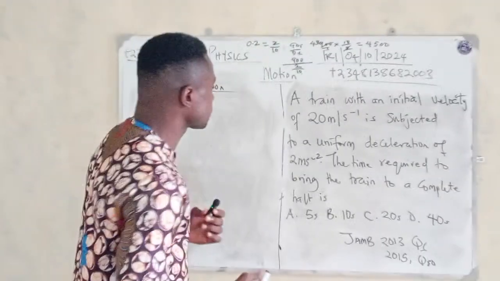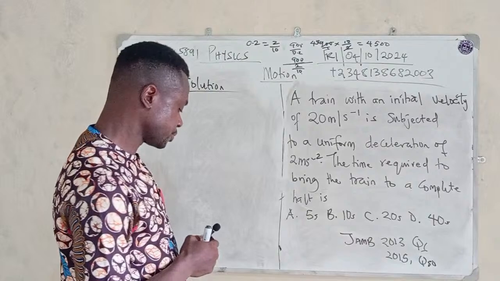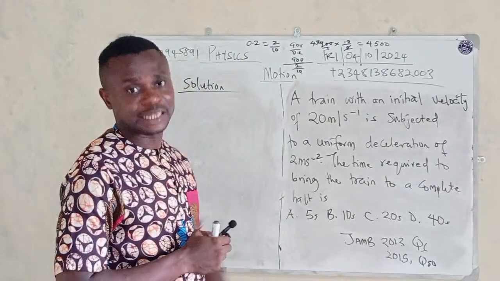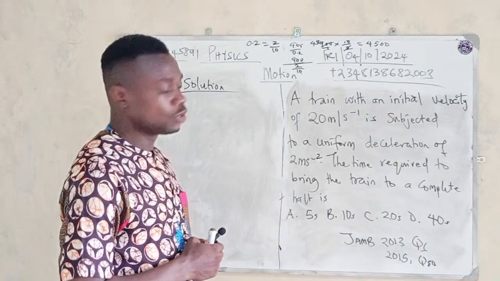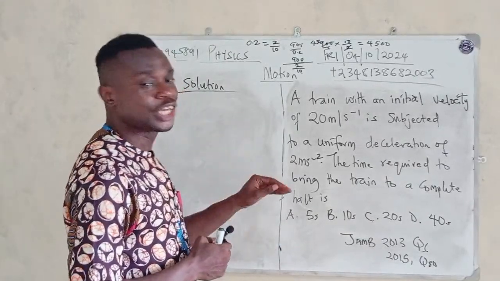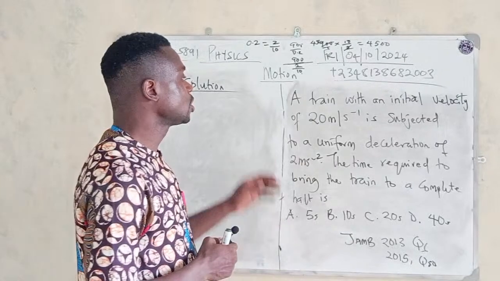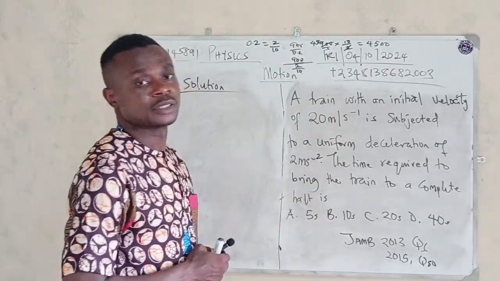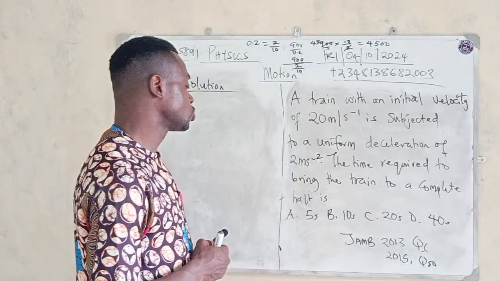Solution. As usual, let us write down the parameters and their values. When we are done with that, we check the equations of motion that contain all of them. That is the equation we are going to use to solve it.